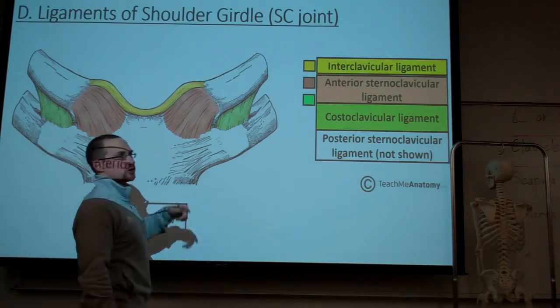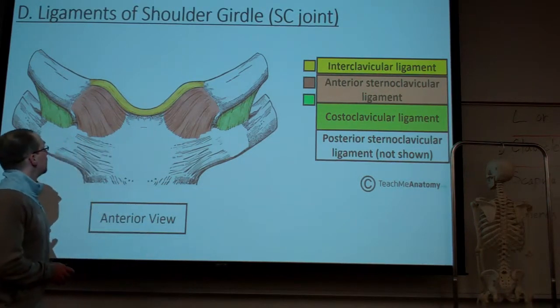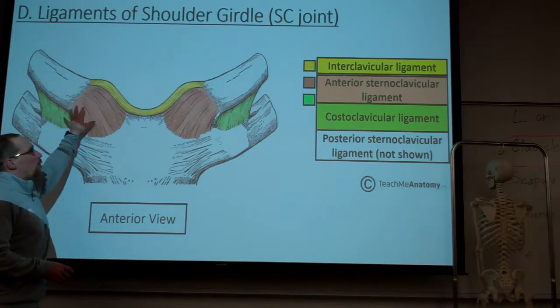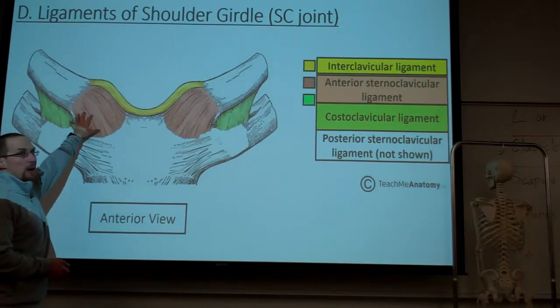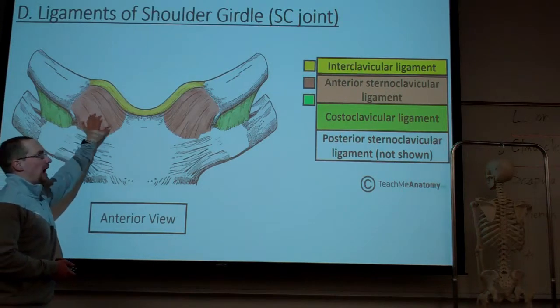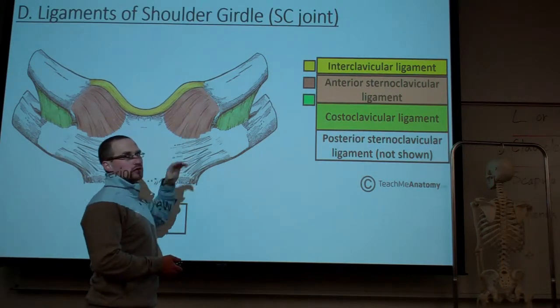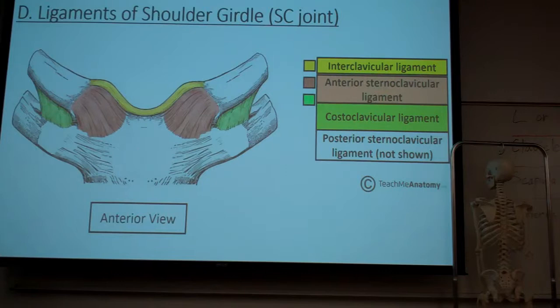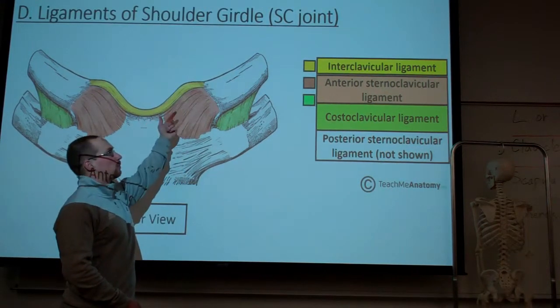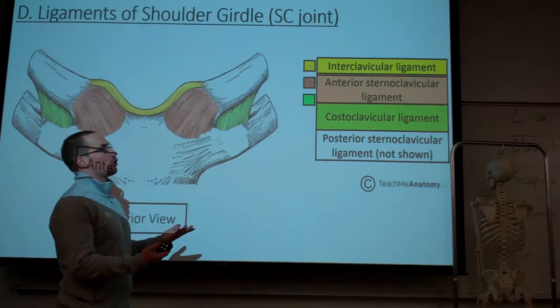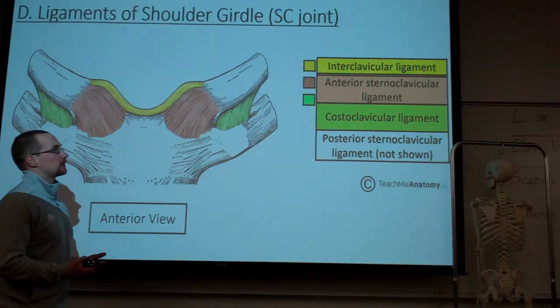The SC joint, the sternoclavicular joint. Again, notice we have a lot more ligaments compared to the AC joint. And that's one reason why the SC joint is much harder to dislocate. In brown on the front, and what's not shown behind, we have the sternoclavicular ligaments.